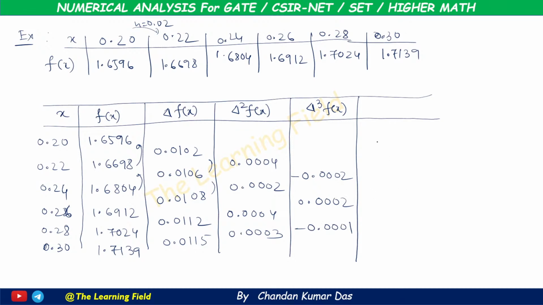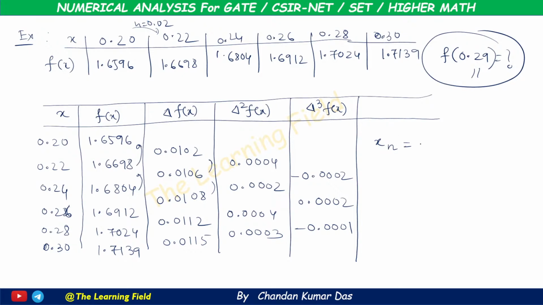So here, we have to find the value of f of 0.29. This is the value to be found. So we need xn here.